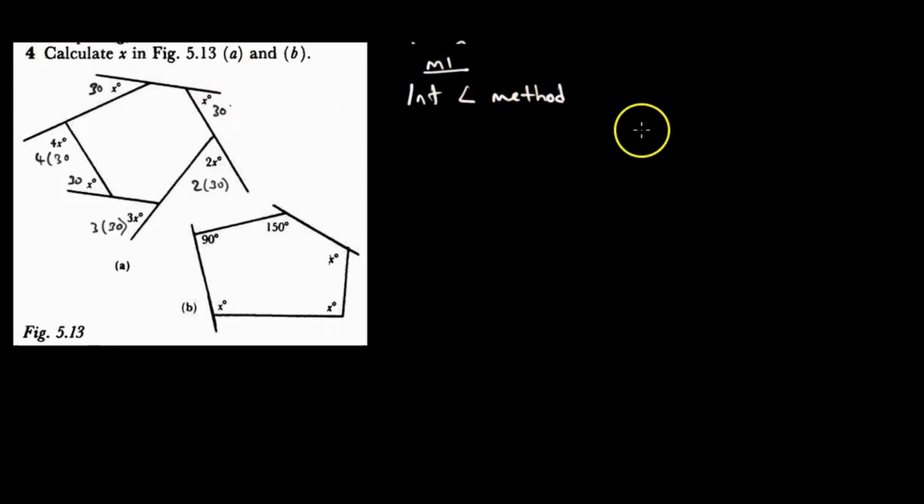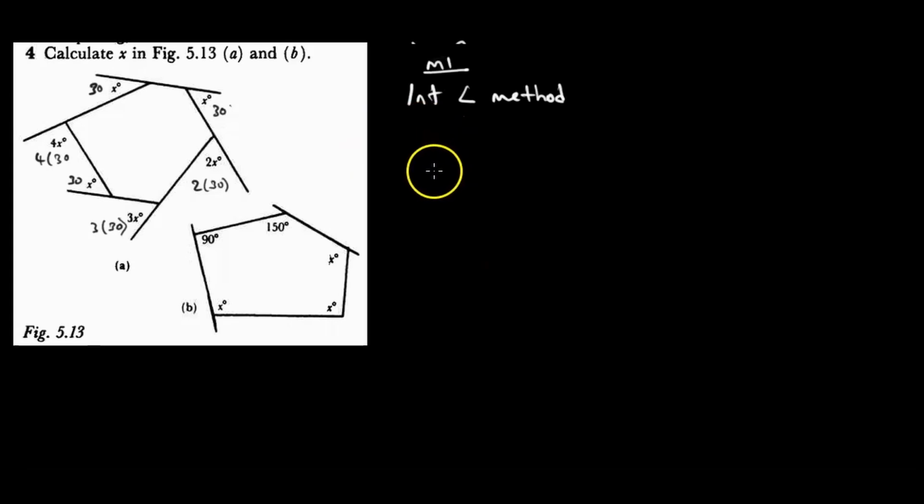Then our method 2 is going to be the exterior angle method. But we cannot use the exterior angle method because of one thing. That is not a regular shape. How do we know it's not regular? Because here 150, here 90. So our exterior angles are going to be different. We cannot use the exterior angle method.